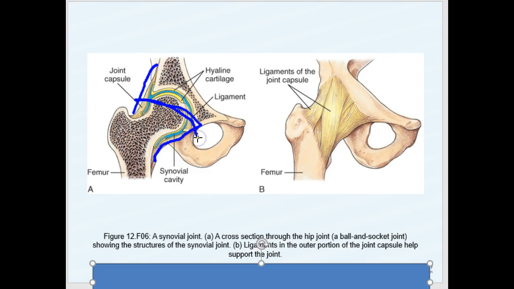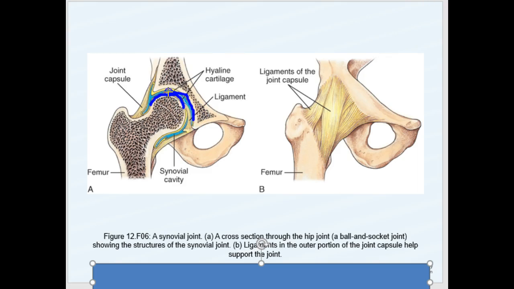It creates a nice protective, dense, irregular connective tissue around the joint, in order to keep the synovial fluid and the synovium, which is the inner layer on the inside of this joint capsule, protected. You also have that hyaline cartilage on the ends.